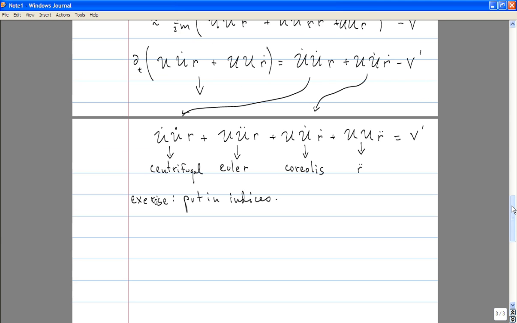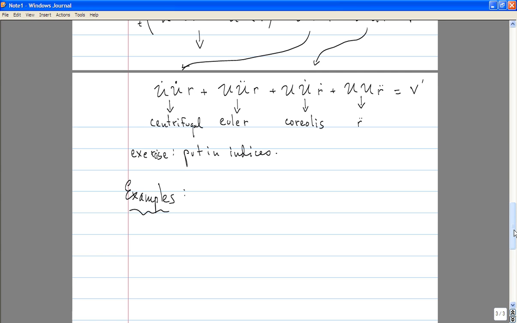Okay. So perhaps before I conclude our discussion of rotating reference frames, I can just do a few examples of problems involving rotating frames of reference. So there's a very famous example of a rotating reference frame, which is the reference frame at the Earth's surface.